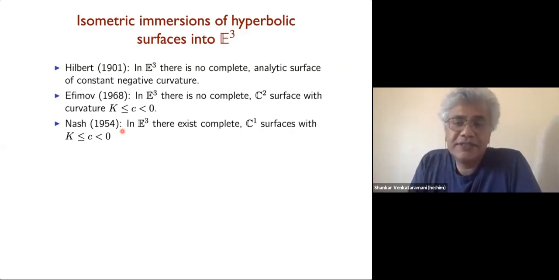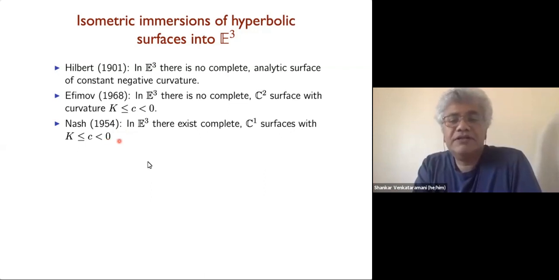The counterpoint is Nash's result that if you're looking in the class C1, then there certainly exist all kinds of isometries. You can have a complete surface with constant negative curvature or any curvature, or even any metric at all, C0 close to any other.